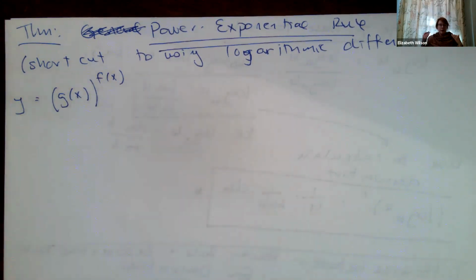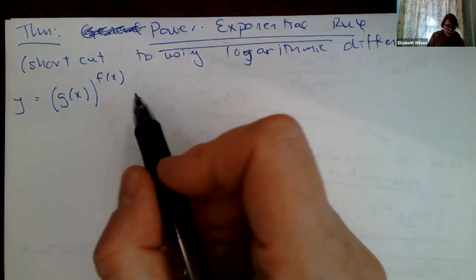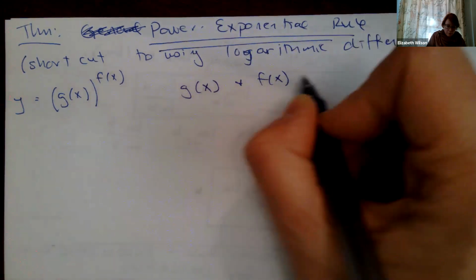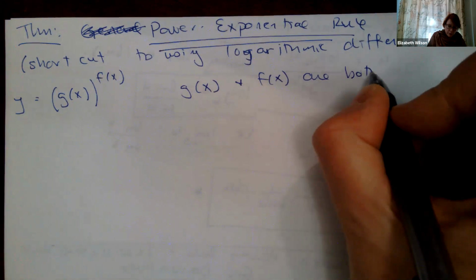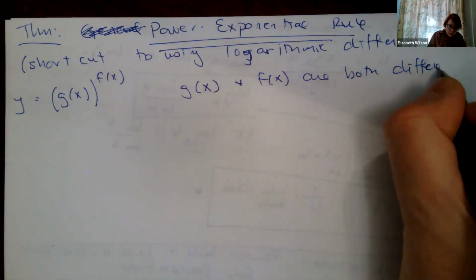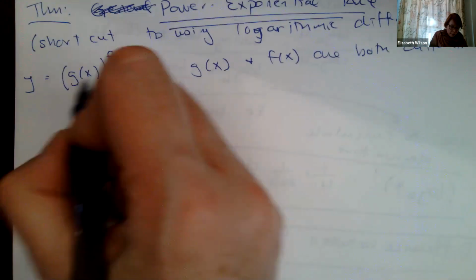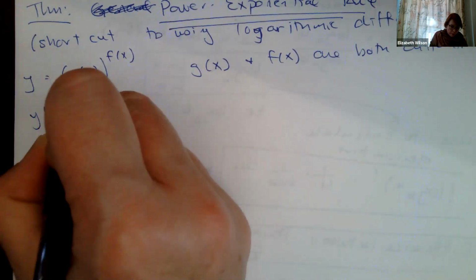Then if I go to take the derivative, I now have a product rule that I have to worry about. Let's specify that g of x and f of x are both differentiable independently. Now when I take this derivative, y prime equals g of x raised to the f of x power, prime.